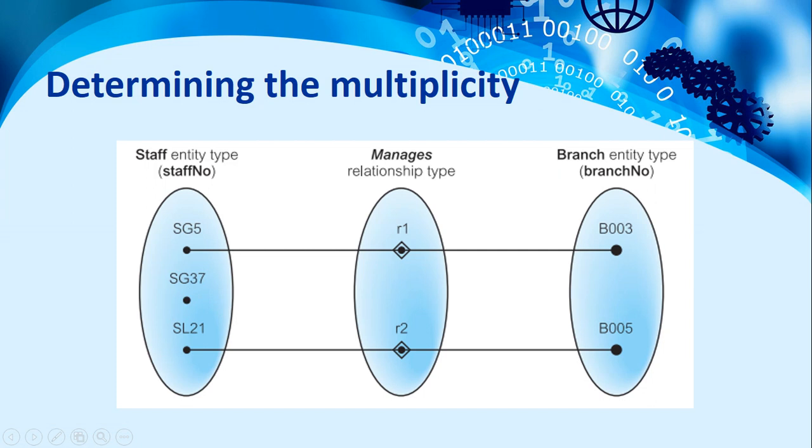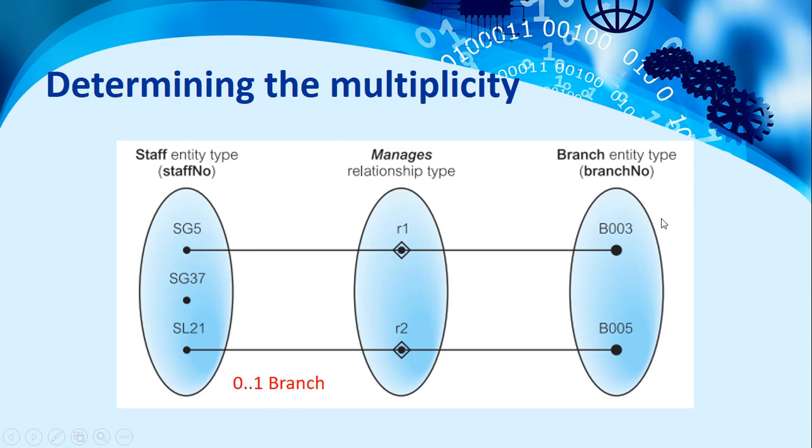So in other words, a member of staff can manage 0, pwedeng wala, or a maximum of 1 branch. So this is how you're going to write it in ERD, UML notation. Again, a staff can manage 0 or 1 branch.